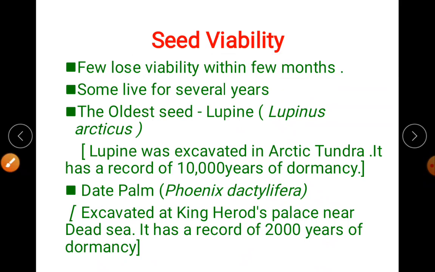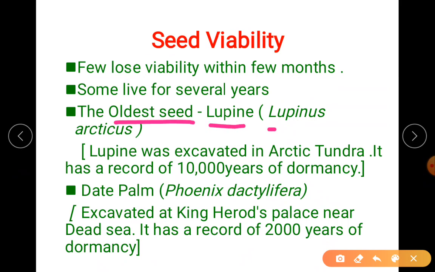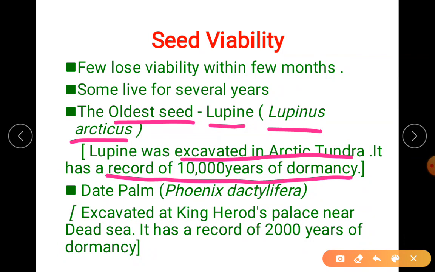The oldest seed is lupine, scientific name Lupinus arcticus, which was excavated in the Arctic tundra. A record of 10,000 years of dormancy was recorded.